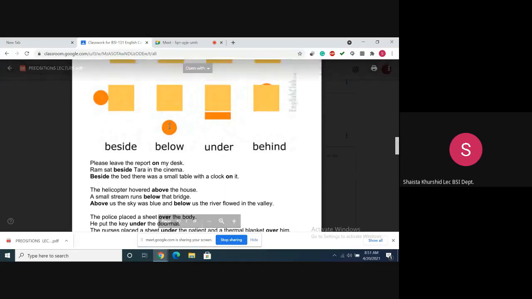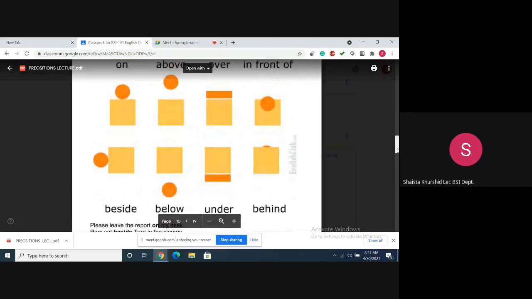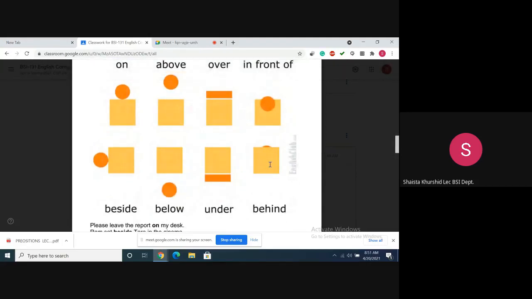Below is when something is under, but not actually touching, there is a space. Under can sometimes be touching the surface, and sometimes not. But below, you can see that there is a space in between. Beside is to the side of something.